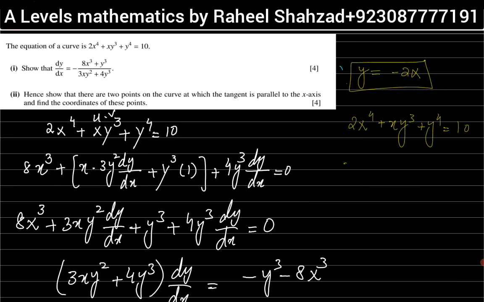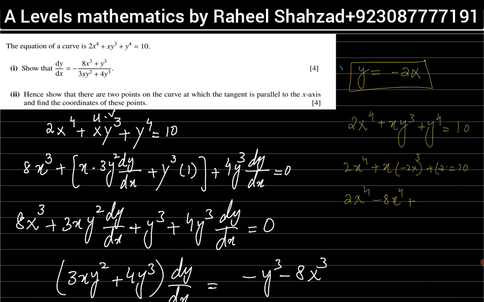So here you go, 2x⁴ plus x(−2x)³ plus y⁴ equals 10. So 2x⁴ minus 8x⁴ plus y⁴, we are going to substitute y as −2x here.